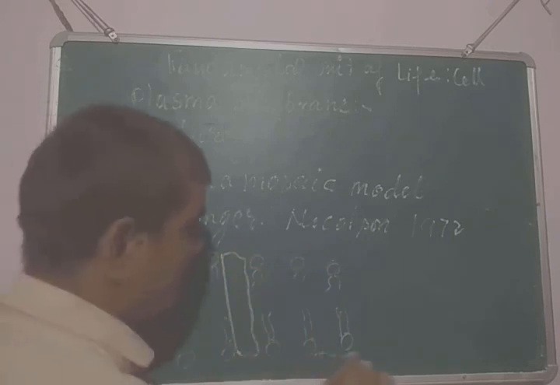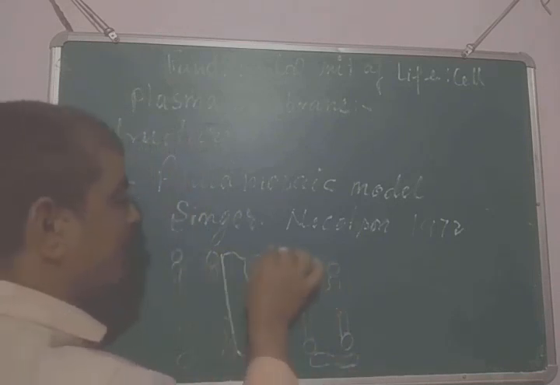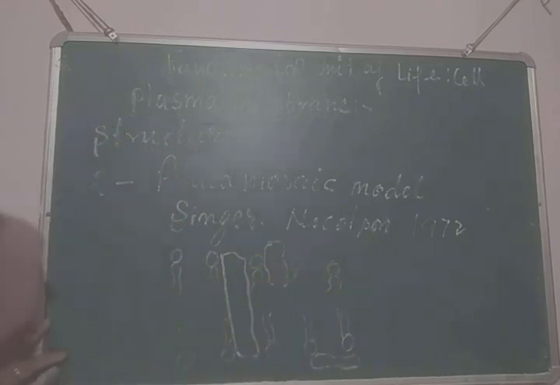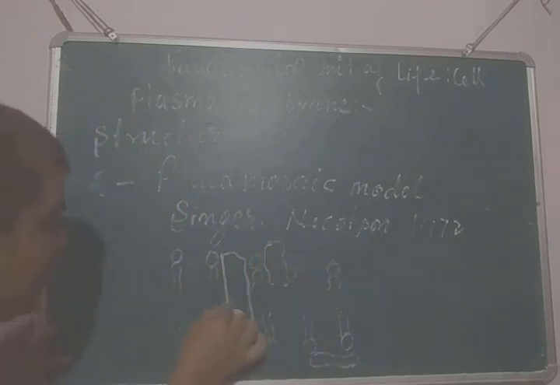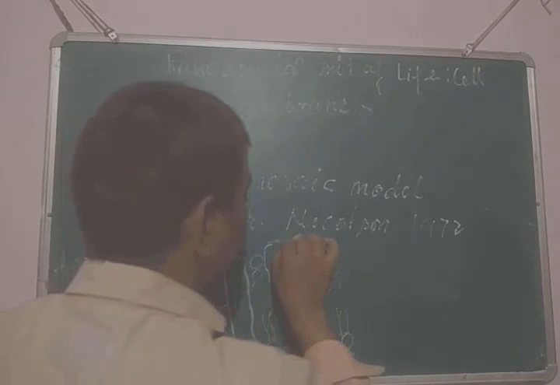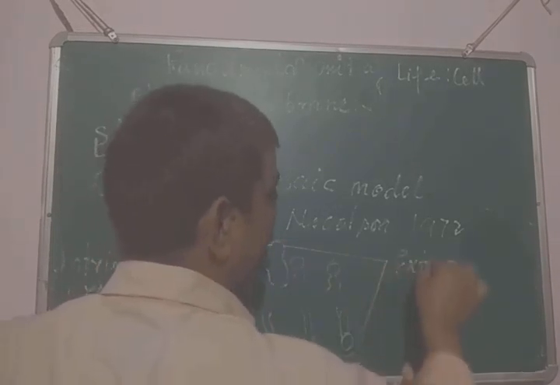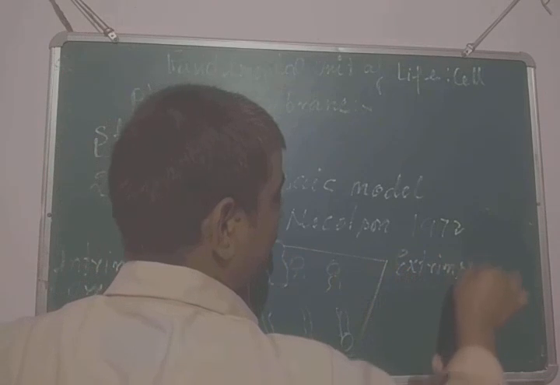Some kinds of protein are embedded inside this viscous liquid, and this type of protein is called intrinsic protein, and the protein that lies superficially is called extrinsic protein.